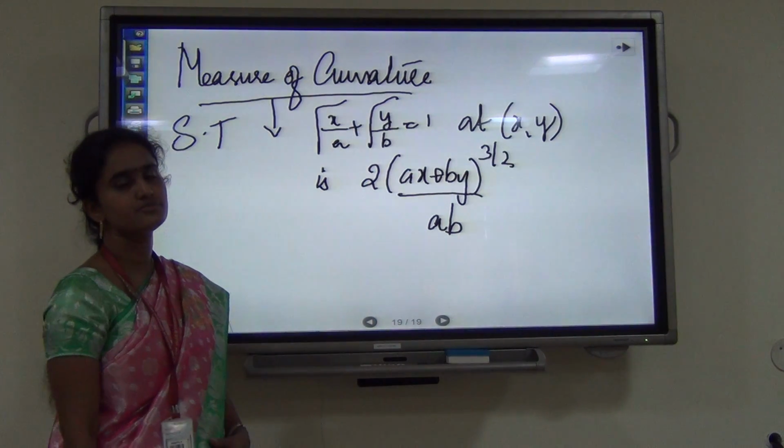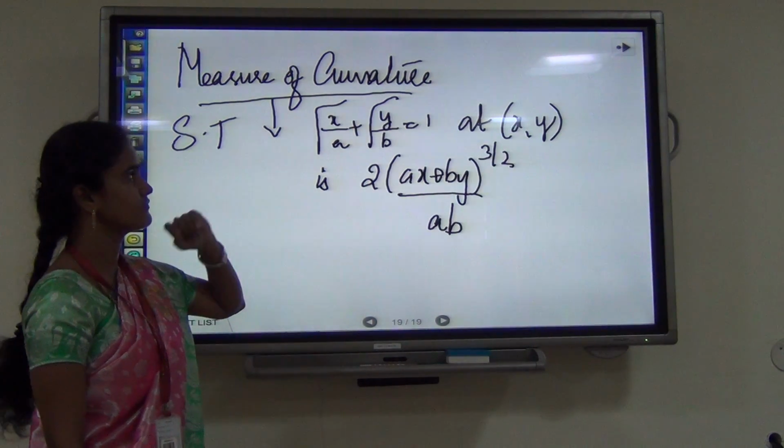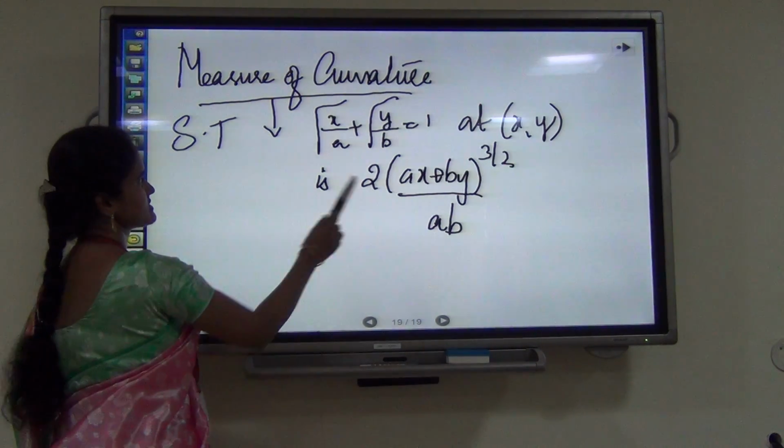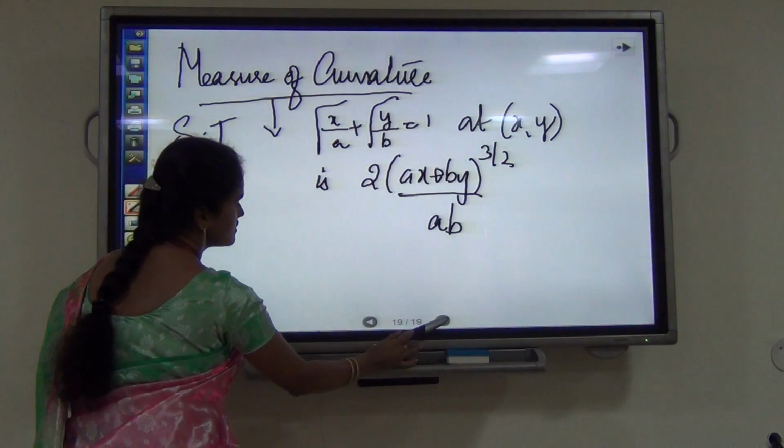This is what we are going to prove for this curve. We are going to get the measure of curvature at x comma y as this. Okay, so let us start working it out.